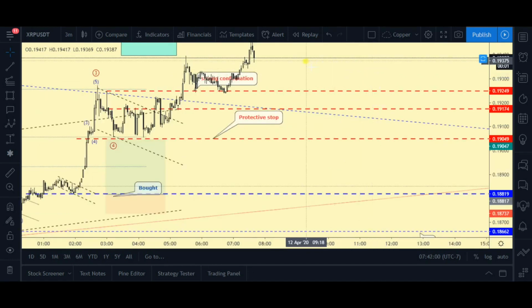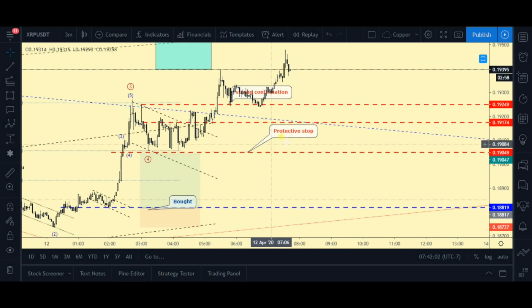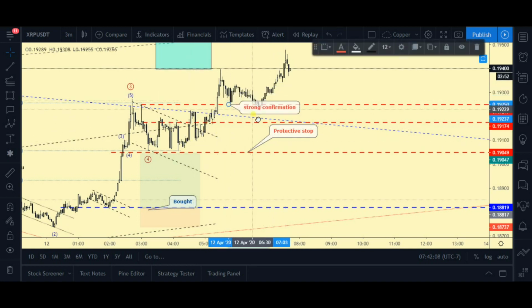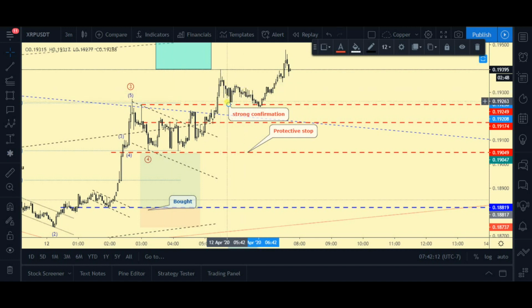Okay, so finally now we can see this was a protective stop here, and then we can see that this line has been broken, and this resistance has been broken, and it became the support and continued higher.